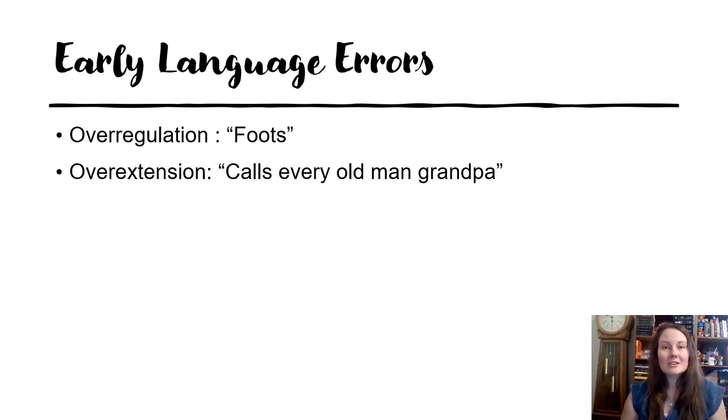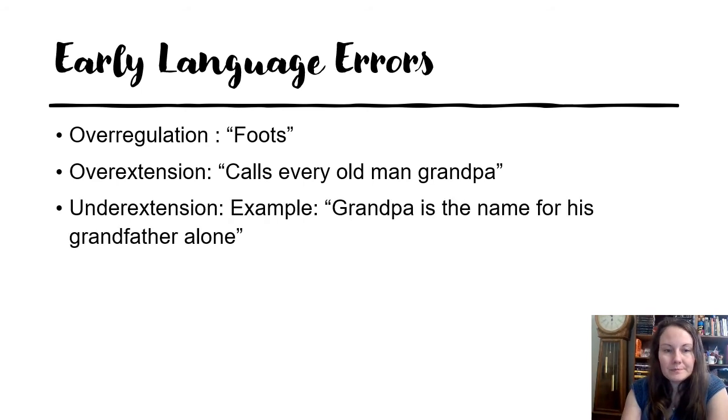They're out and they just see someone they don't know and say, grandpa. So they're overextending the meaning of the word. And then if we used the same example for underextension, someone might say that their grandpa is only their grandpa, that no one else can have a grandpa because grandpa is their grandpa and can be nobody else.